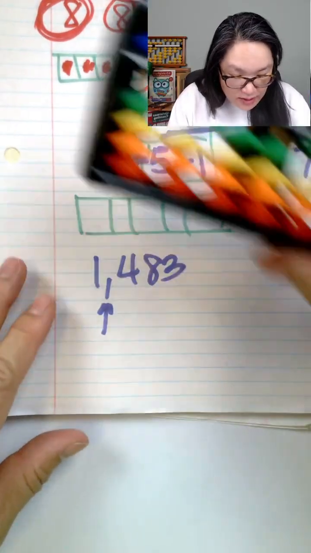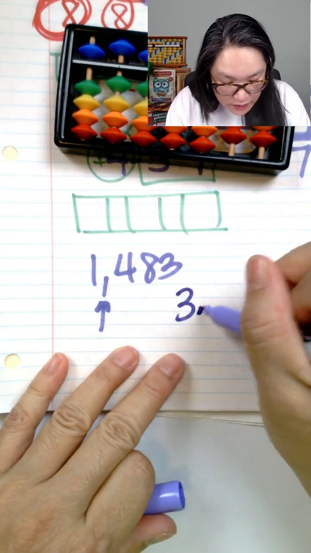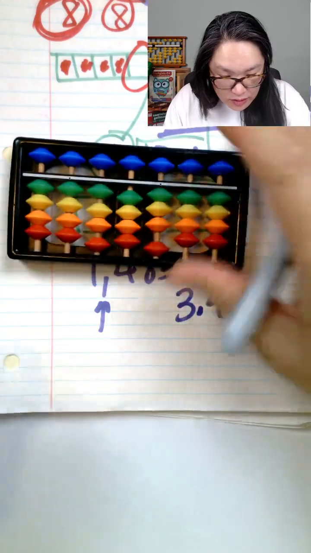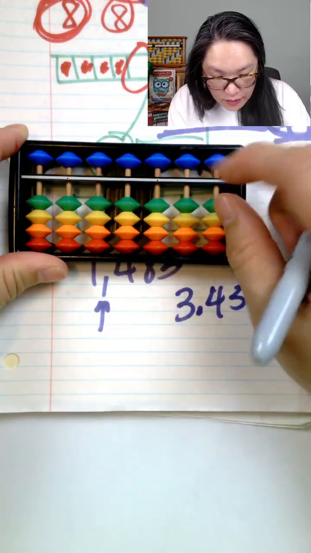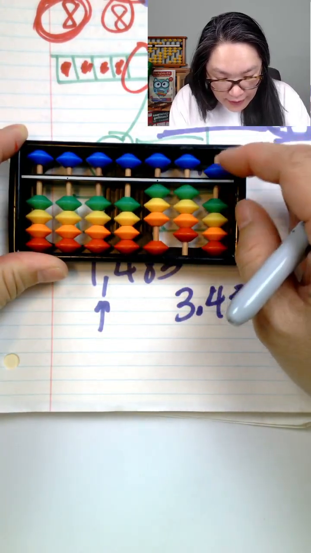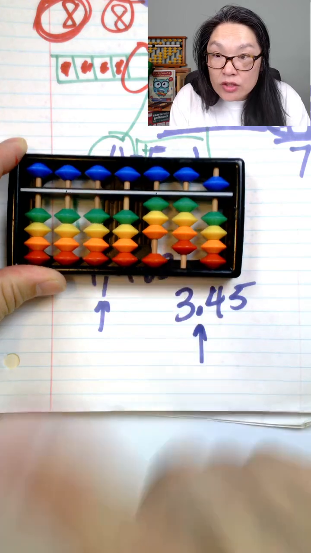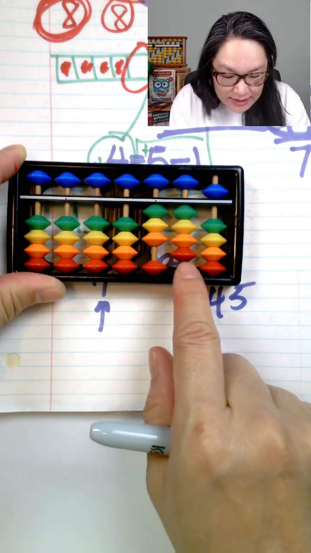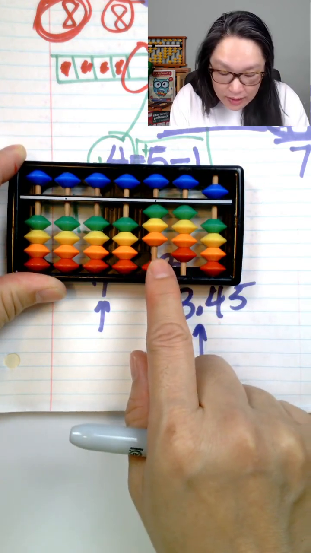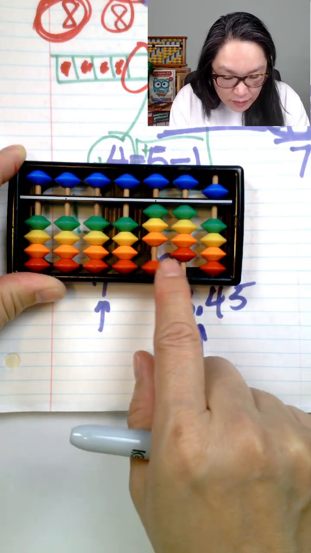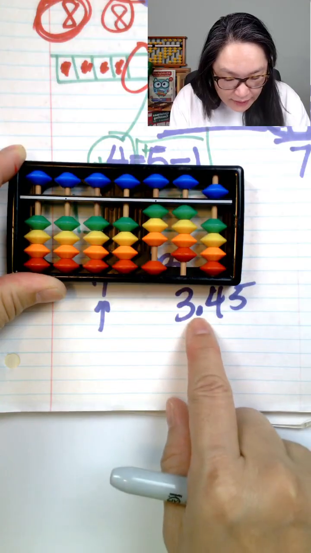So if you notice, when we do our decimal, let's do $3.45. So here I can do $3.45. Now remember, this decimal does not take a place value. Since it doesn't take a place value, it doesn't sit on any of the columns, so it sits right in the middle between these two. That's why we would have the decimal here.